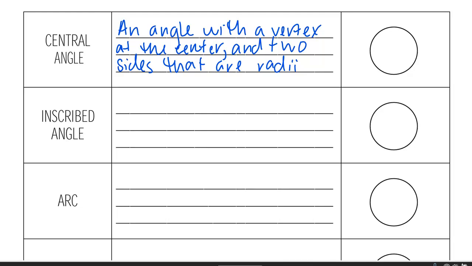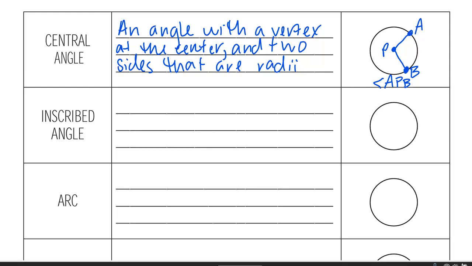That means it's an angle constructed by the center, and then we have a radius and another radius. So this central angle will be called angle APB. Remember, we're going to name angles with 3 letters.